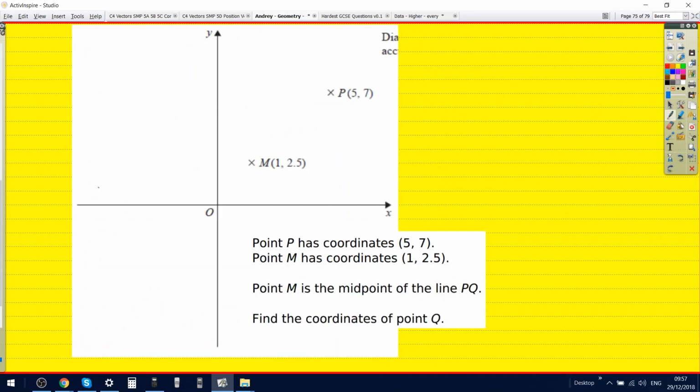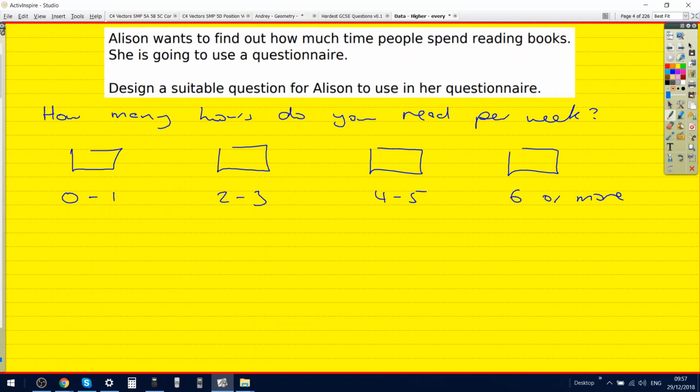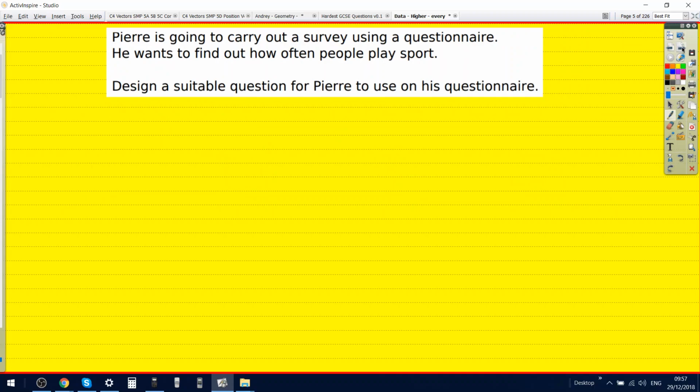Gradient, you're alright. Midpoint, you're alright. And then how do we go about this one? So, on average, how many times a week do you play sport? Okay.